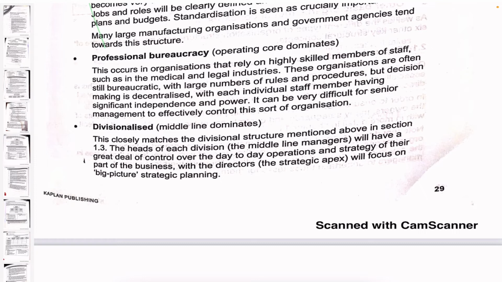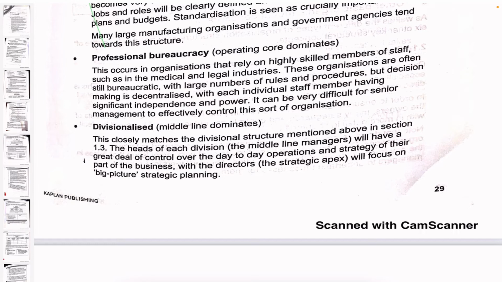So professional bureaucracy is where the person doing the profession dominates, the person involved in the core activities who has a lot of power. So here the operating core dominates. For example, in hospitals, doctors are free to take so many decisions. The strategic apex can't do much.